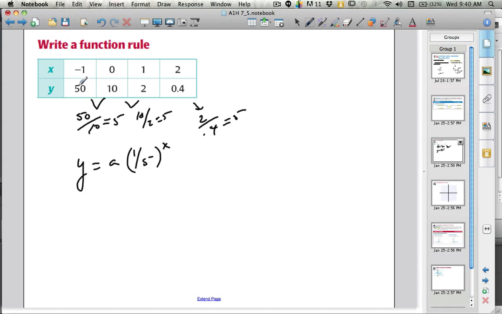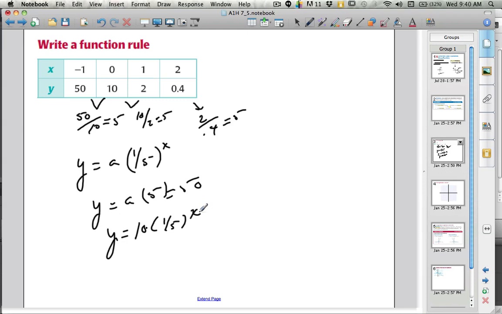So 5 times a, when x was -1, that would be y is equal to a times 5. So I'm thinking this value would be 10. So my hypothesis is it's 10. So a times 5 is equal to 50, so a would be 10 times 1/5 to the x power. Okay, and let's test to see if that works.